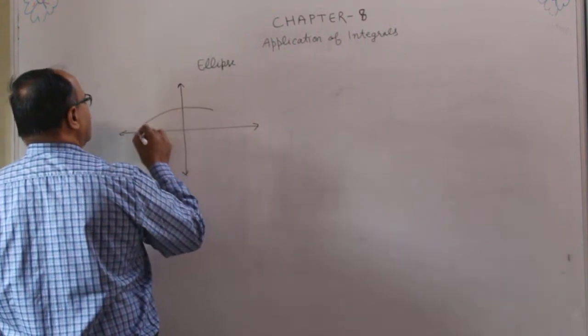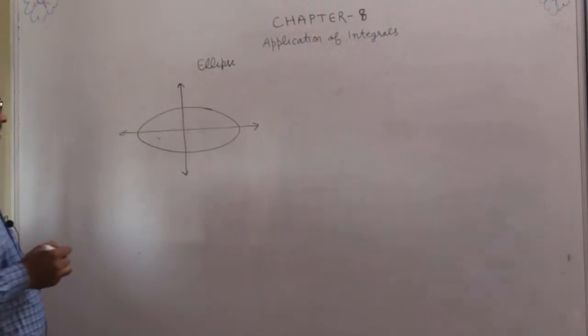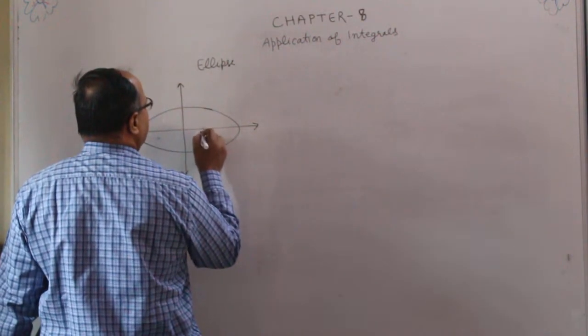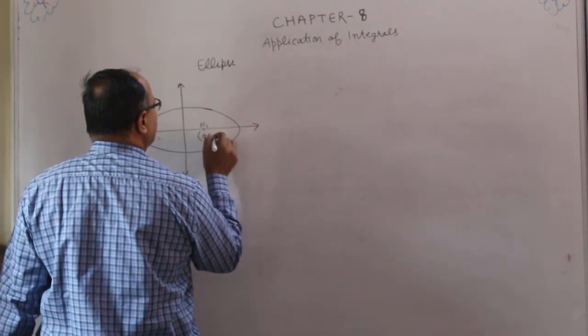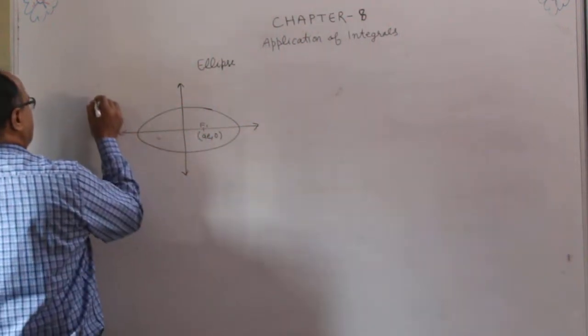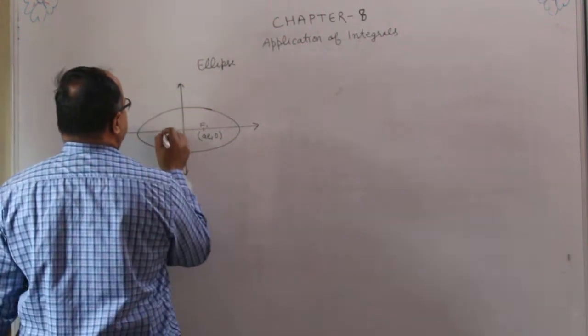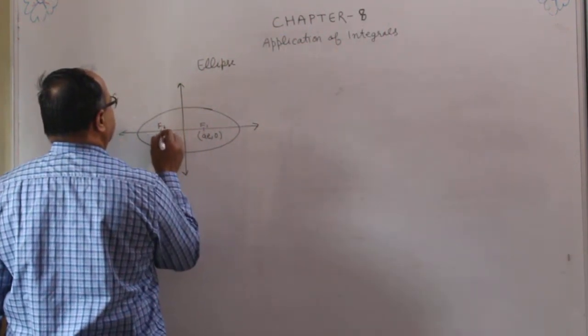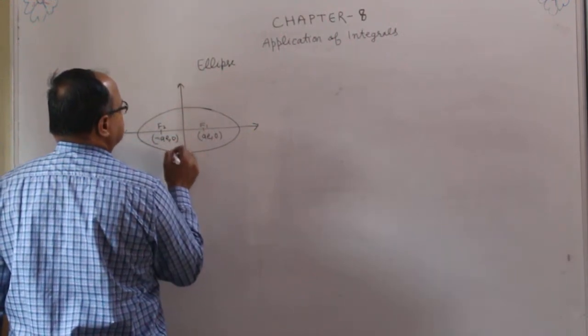This is horizontal ellipse, and in ellipse, coordinate of focus is (ae, 0), where ae is equal to c, and the second focus F2 is (minus ae, 0).